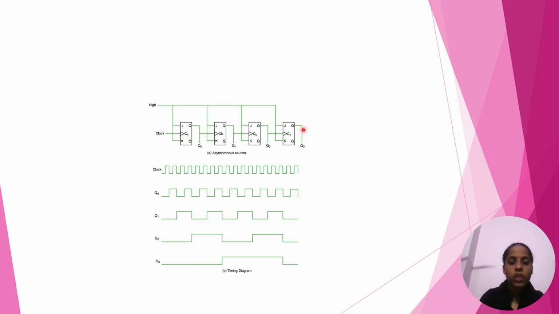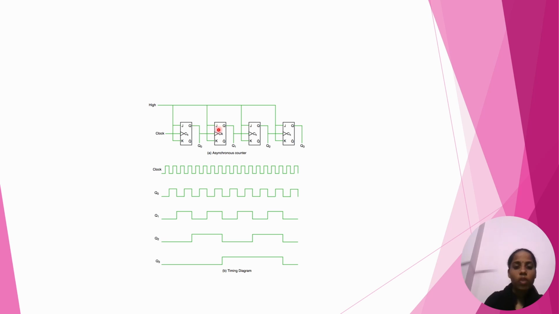This is the circuit diagram of an asynchronous counter. It can be used with positive edge triggering of the clock pulses. VCC is applied to this circuit, that is high. The clock signal is applied to the first flip-flop, that is the main clock pulse.